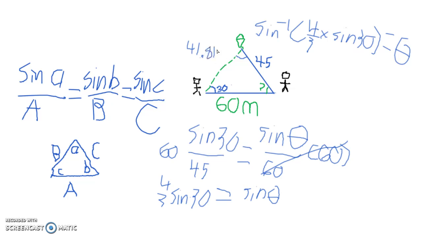Now that we know this, we can calculate this angle right here, knowing that a full triangle has 180 degrees with all three of its angles. We can just have 180 degrees take away 60, which would be 120 degrees, and 120 degrees take away 41.81 degrees, our rounded answer right there.